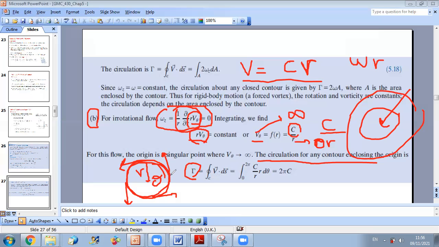To move over the whole curve, theta should vary from 0 to 2 pi, so I should do a complete circle. And v is c over r, and the expression of ds is r d theta, because if you consider the circular path, ds is equal to r d theta.